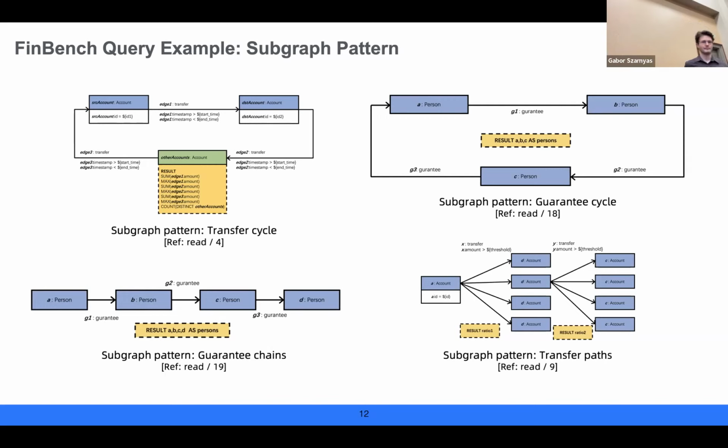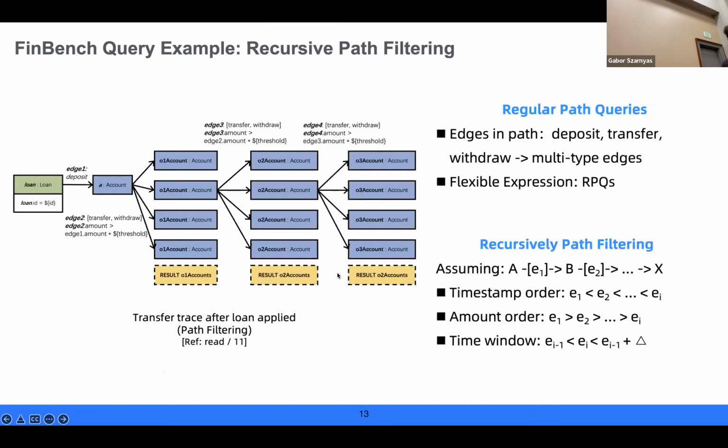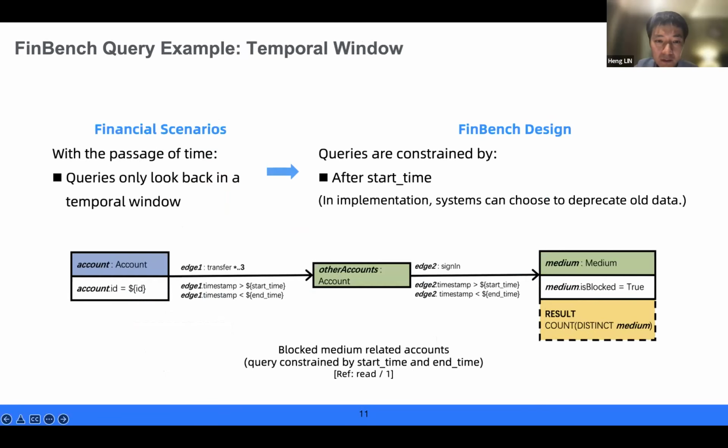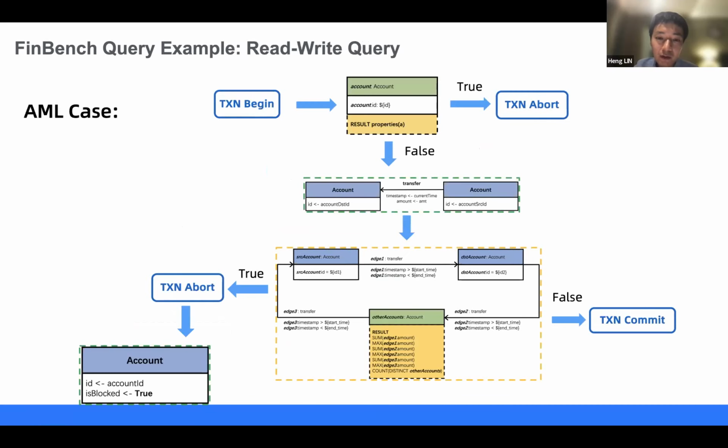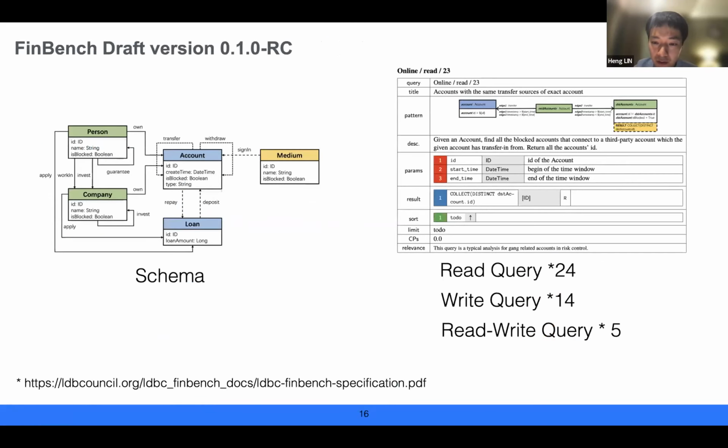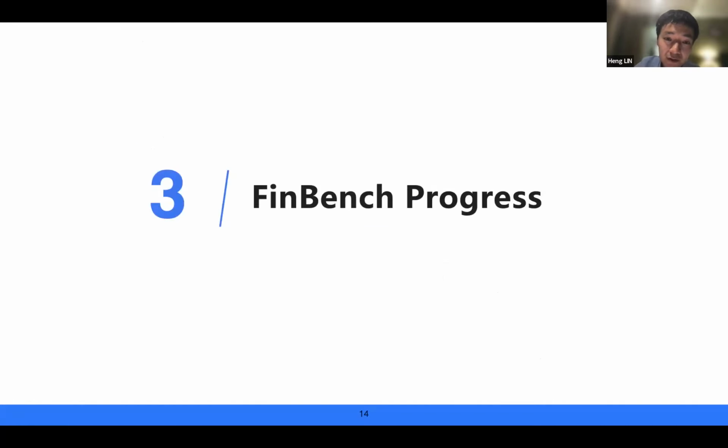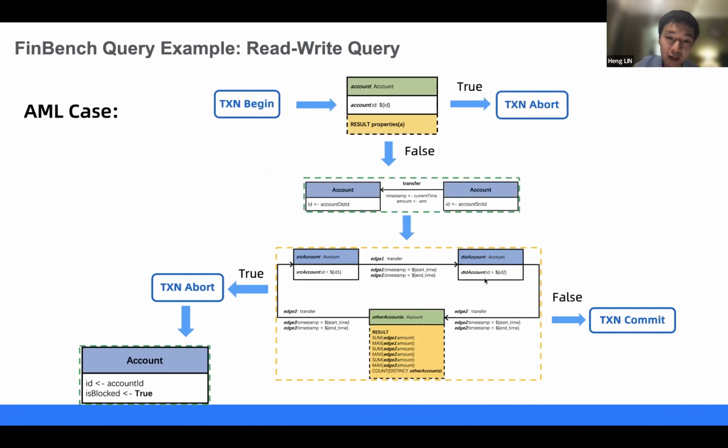There's a question from the room. There is a slide about the transactional queries, like 1 to 4 hops, I think. Yes, I have introduced that we have a total of 24 queries. Each one has a transaction requirement, but the transaction may be different, just like this read-write query.